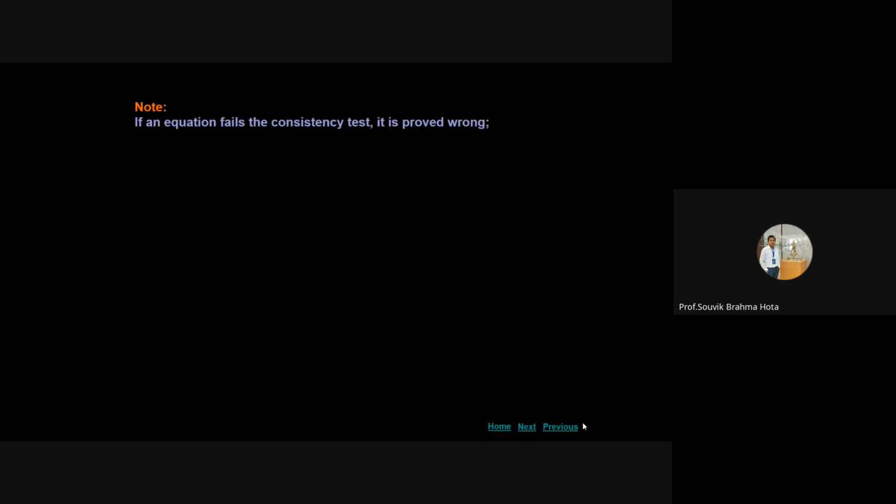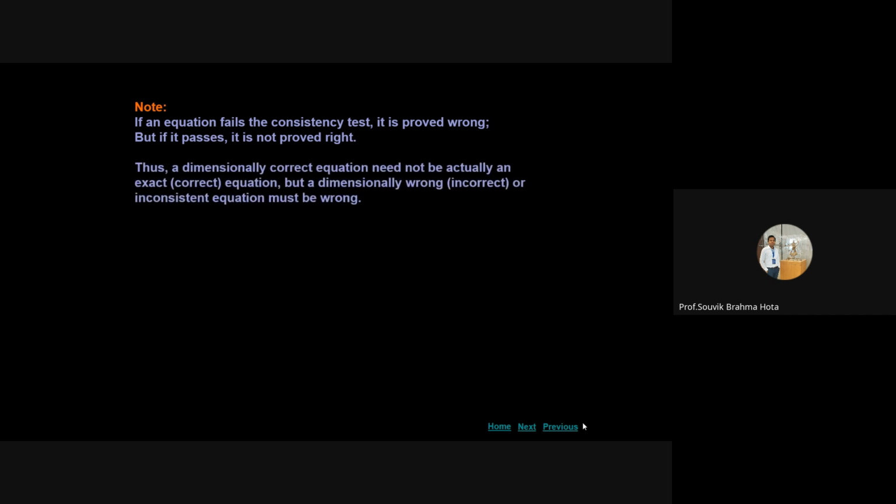Note: if an equation fails the consistency test, it is proved wrong. That means the equation is wrong. But if it passes, that means it is right. So it is not that whatever equation you have, as a student of science, you will blindly believe it. You have to check with dimensional analysis, then only you can agree with the equation.